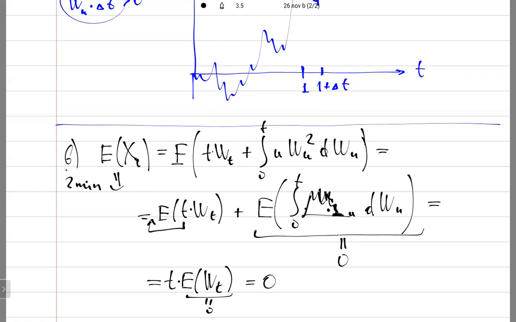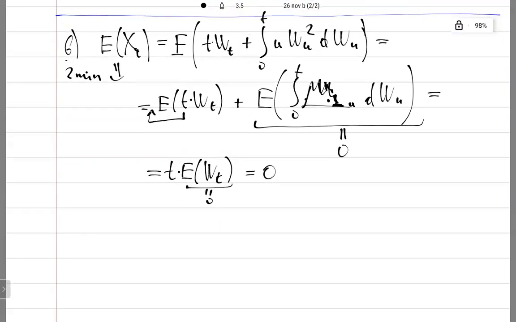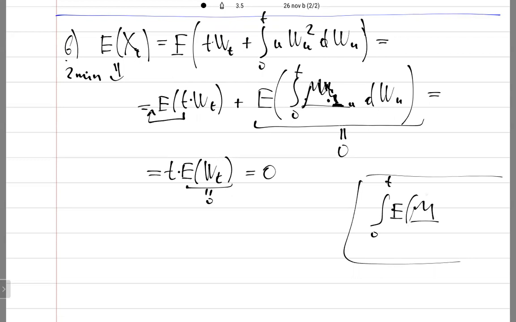Yeah. Okay. So it may be anything inside the integrand, like any ugly function will give us expected value 0. Not too ugly. There are some mathematical exceptions, but we will not check these. So we have a hidden assumption that the integral from 0 to t of the expected value of the integrand squared du is finite.